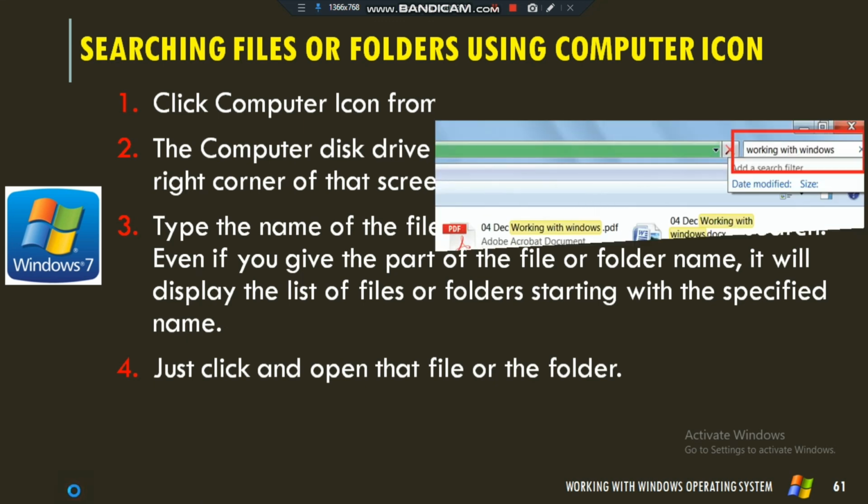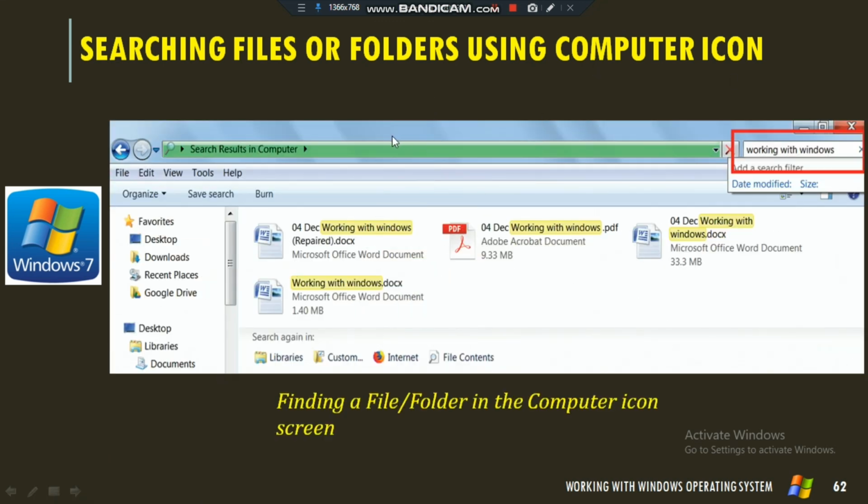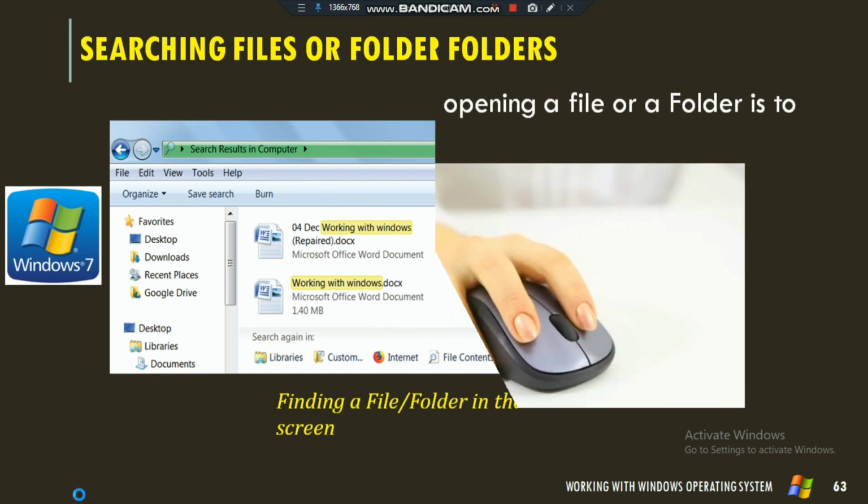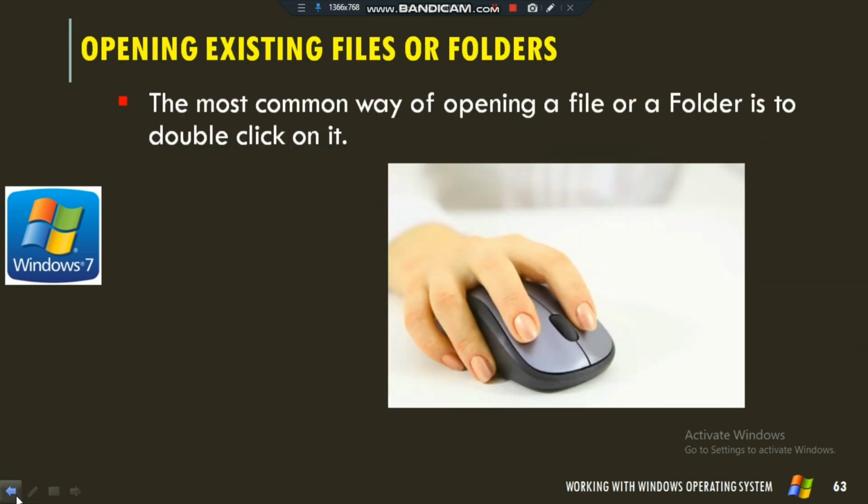So now you can see the picture for this. Open My Computer or This PC, the Computer icon, and it will show the drives window. From this you can select the search box and enter the file name, and the files related to this name will be displayed below. You have to select the file you want to work on. So this is the way you can find files and folders in the computer.